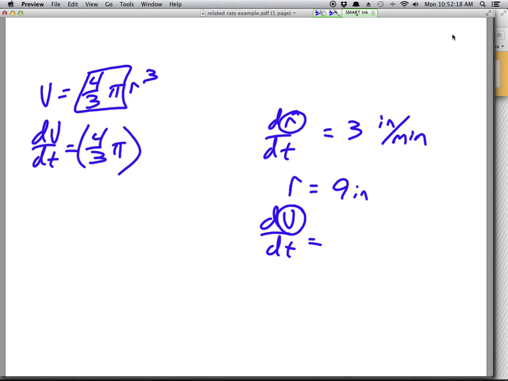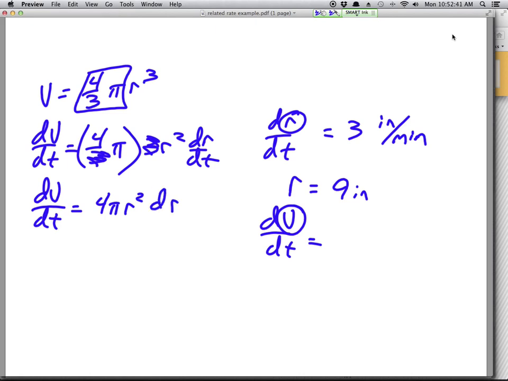And then I need the derivative of r cubed, which would be 3r squared, and don't forget dr over dt. Okay, so I'm going to go ahead and cancel these 3s since that's pretty easy to do. So I have dV over dt equals 4 pi r squared dr dt.